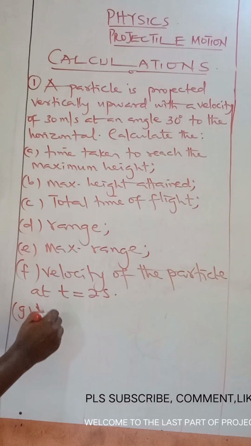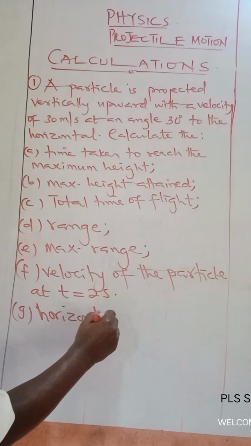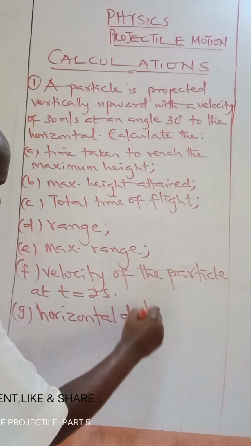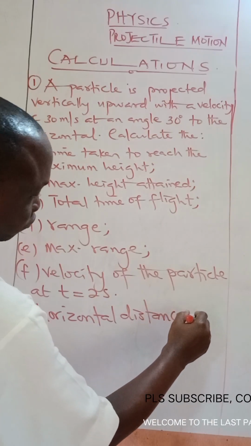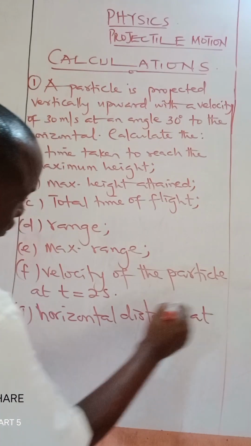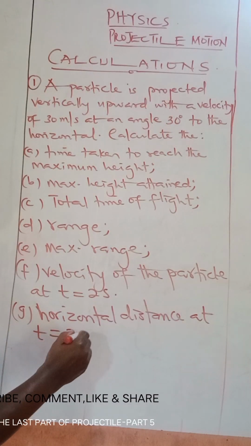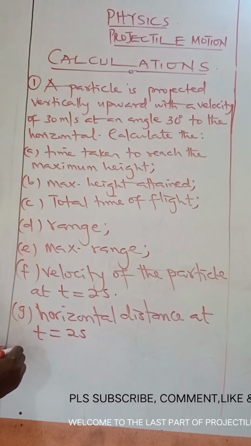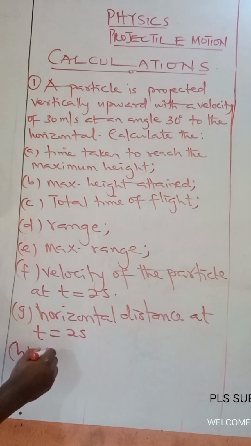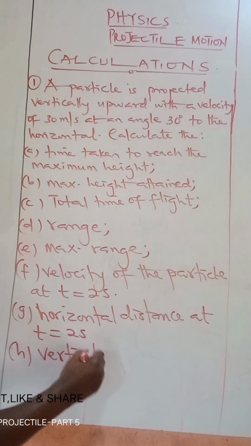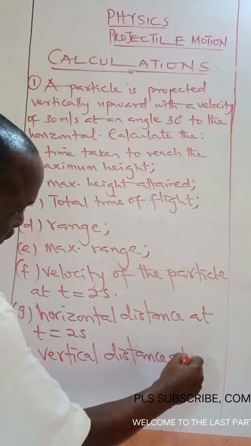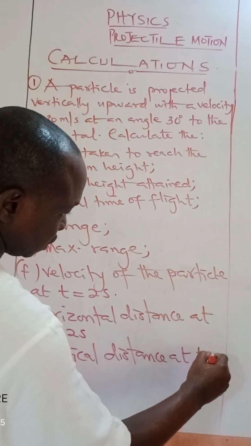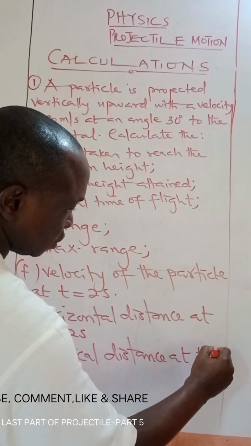G, the horizontal distance at t equals 2 seconds. H, the vertical distance at t equals 2 seconds as well.